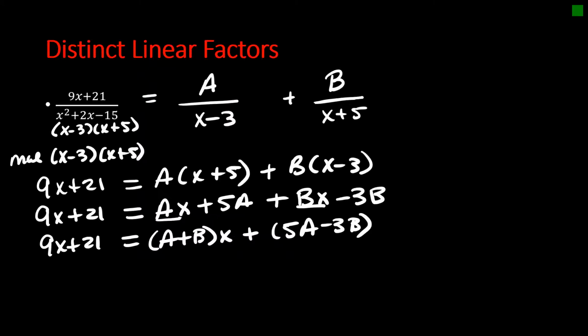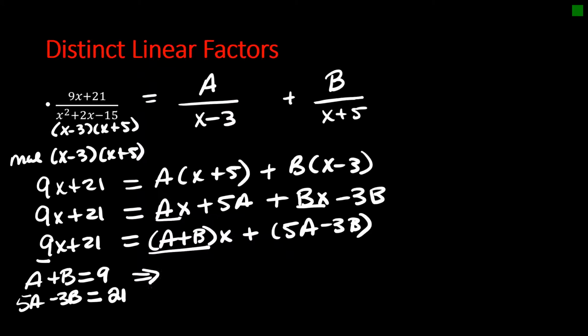So now I'm going to go through the process of equating coefficients. 9 is the coefficient of x here, and A plus B is the coefficient of x there. So I have A plus B equals 9. 5A minus 3B is our constant, and our constant term over here is 21.